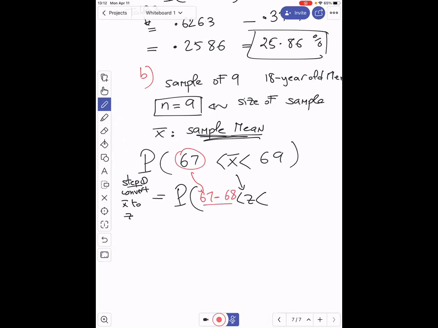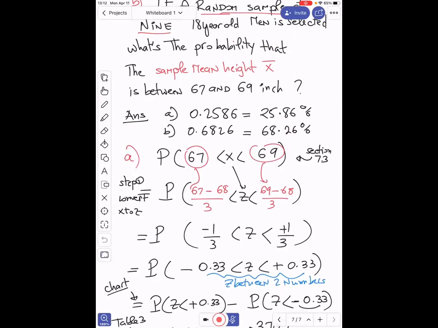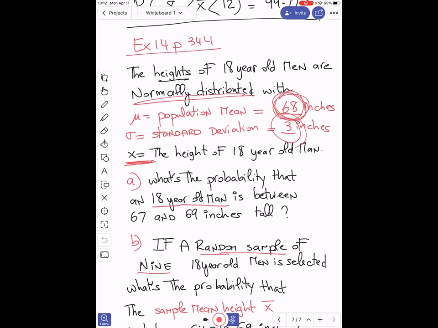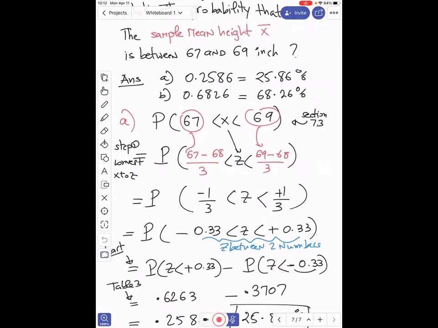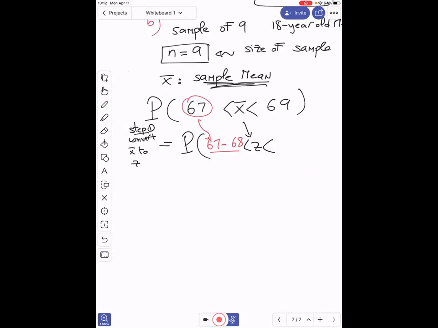But here we're going to divide by, instead of the standard deviation of the distribution, which is 3 inches, 3 over the square root of the size of the sample. So we have 9 18-year-old men, so 3 divided by square root of 9.